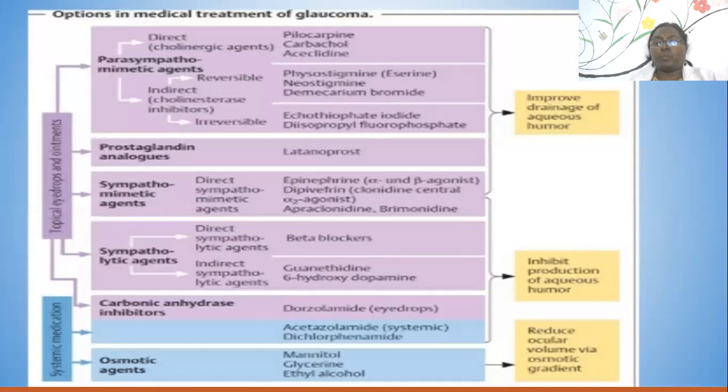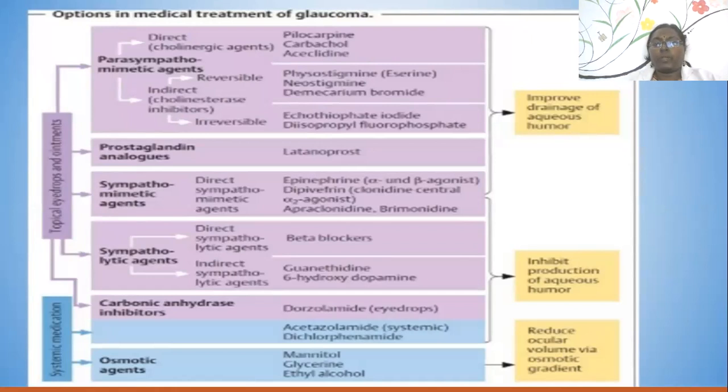The aim is to improve the drainage of aqueous humor, decrease the production of aqueous humor, and reduce the ocular volume via osmotic gradient. The direct acting parasympathomimetic or cholinergic agents are pilocarpine and carbachol.